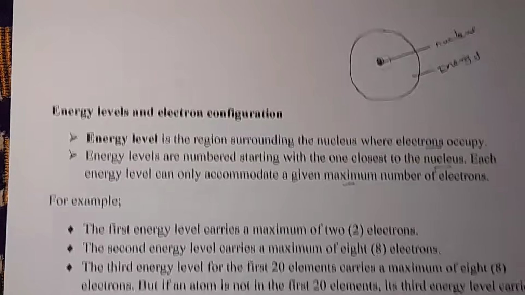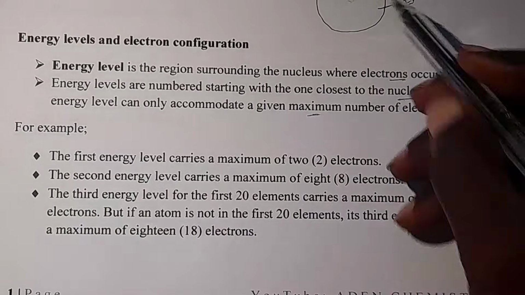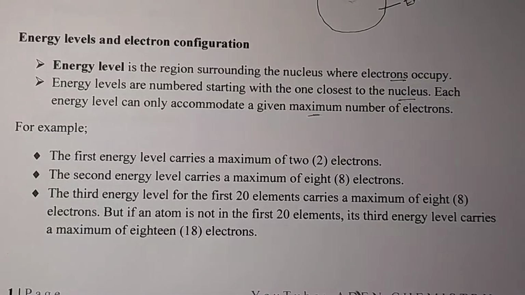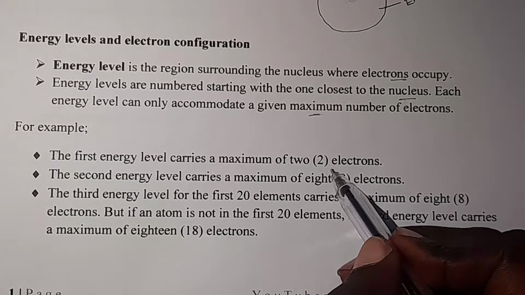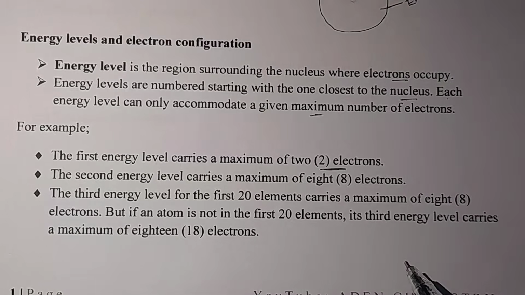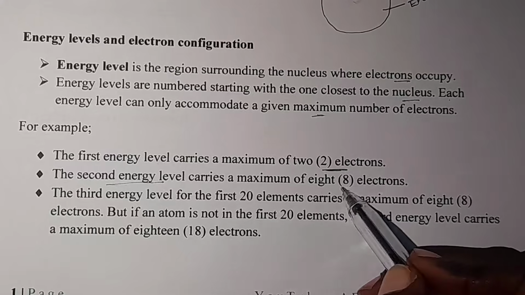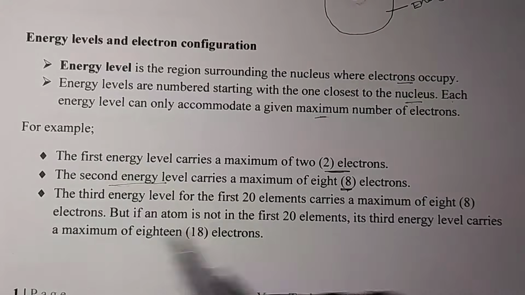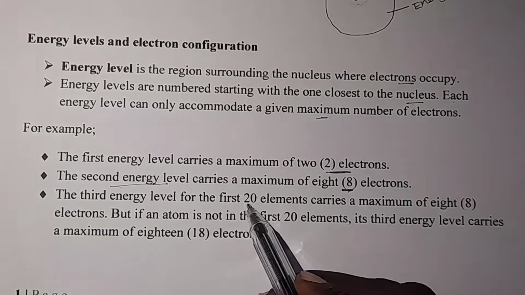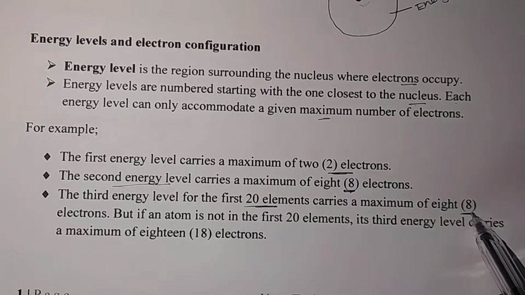For example, the first energy level is the one closest to the nucleus, and it carries a maximum of 2 electrons. That means it cannot accommodate more than 2 electrons. Next, the second energy level carries a maximum of 8 electrons. The third energy level for the first 20 elements carries a maximum of 8 electrons. You have to know that.